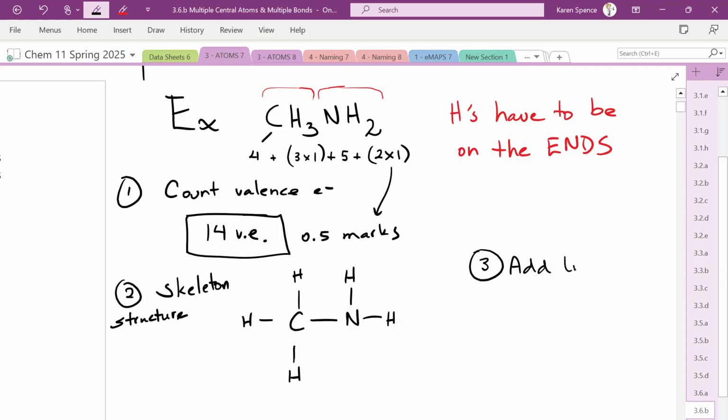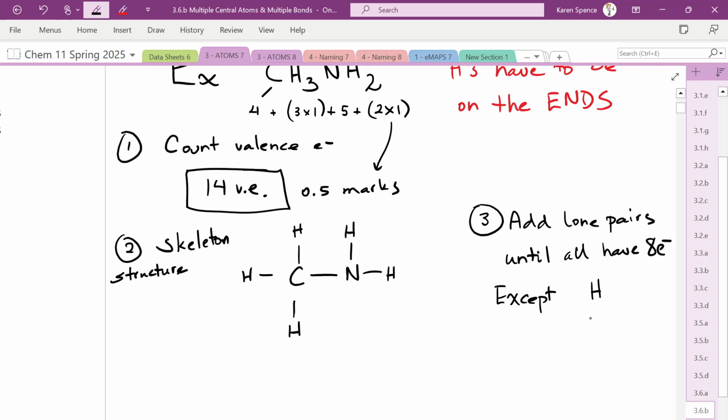Add lone pairs until all have 8 electrons. Who are the exceptions? Except hydrogen, beryllium, B, and Al.